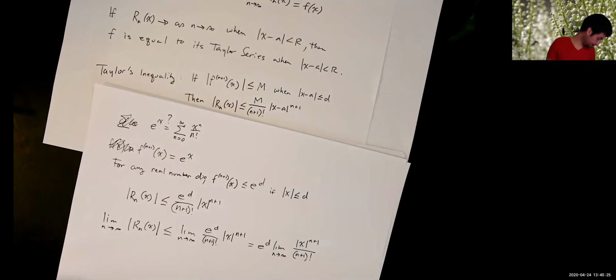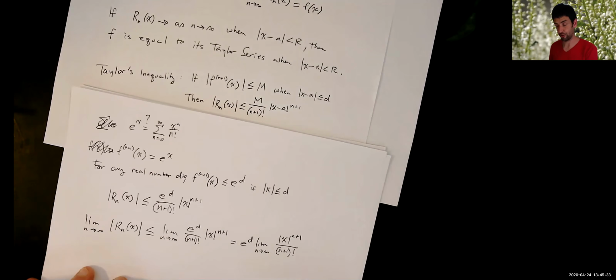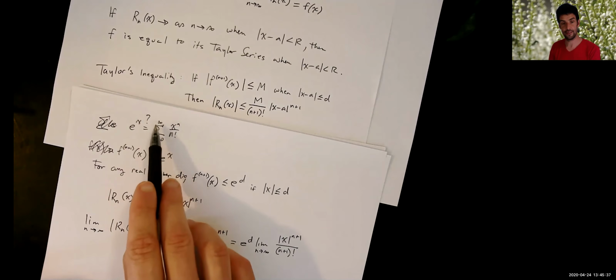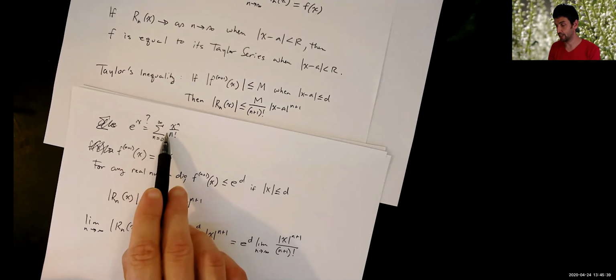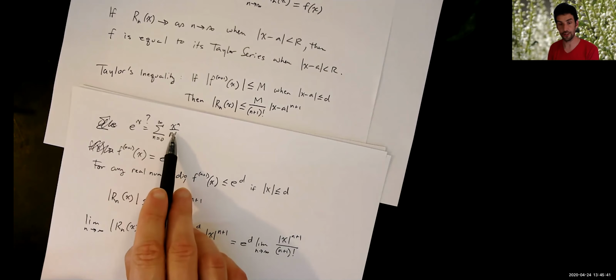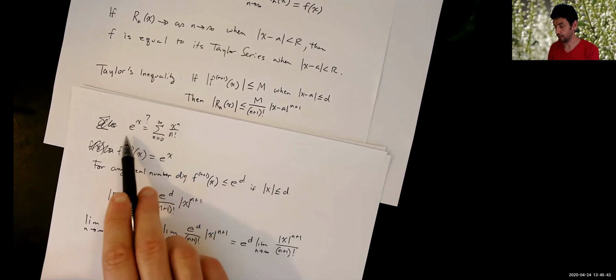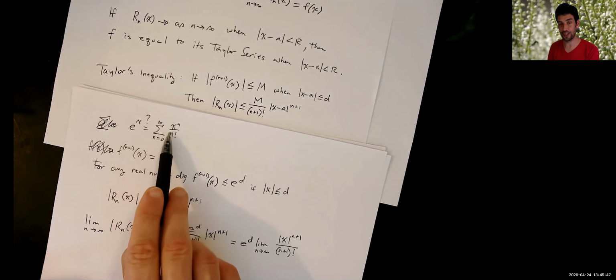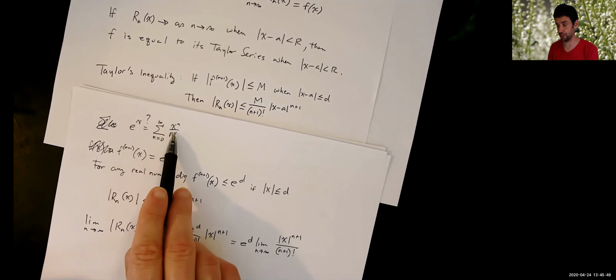We proved a couple of moments ago, somewhere that seems to now be gone from me, so maybe I'll just write it again. We proved a few minutes ago that this series right here converged for all values of x, right? We didn't prove that it was equal to e to the x, but we did prove, using the ratio test, that its radius of convergence was all real numbers.